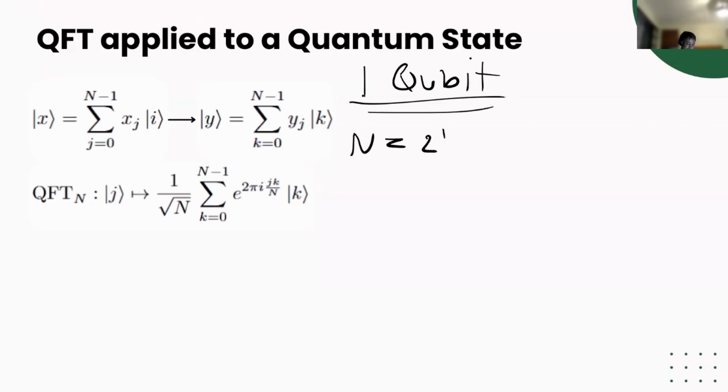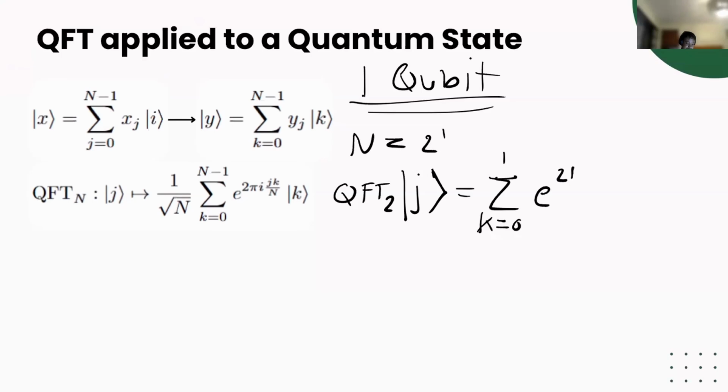And so if I expand this equation as I act on the state, QFT over 2 on my state j is going to give me the sum of n minus 1, which is 1, from k equals 0, e to the 2 pi I jk over 2.